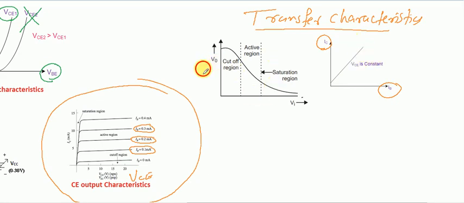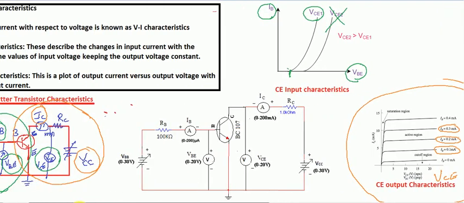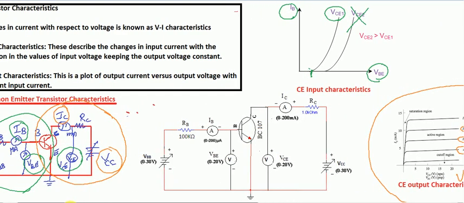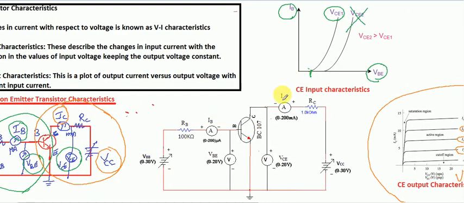Another one, you can see the variation of output voltage VO with respect to input voltage VI. Initially, when the input voltage is very low, the transistor is not allowing any current, because we know from input characteristics that when input voltage is very low, there is no current, right?